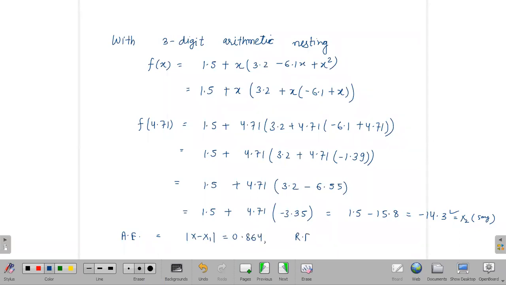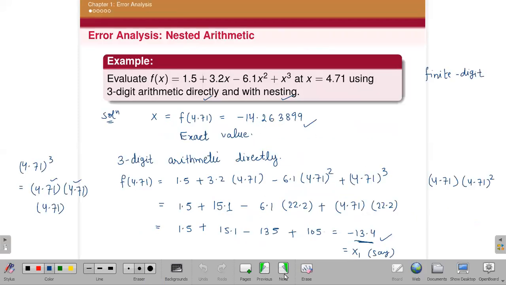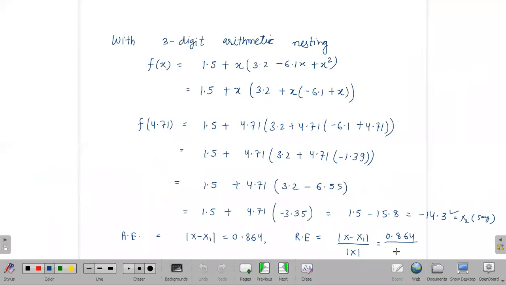And relative error, you will find out this relative error also, dividing by 14, and since it is negative 14, it will be positive.